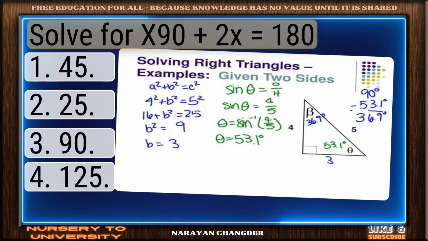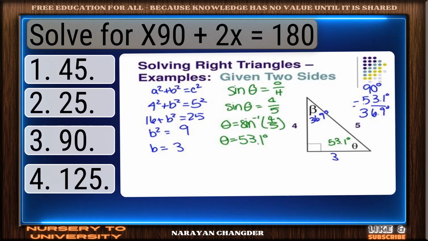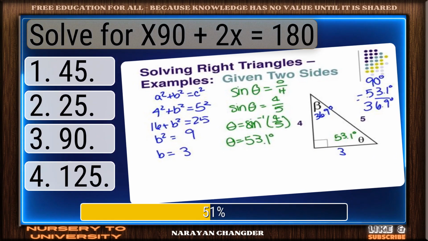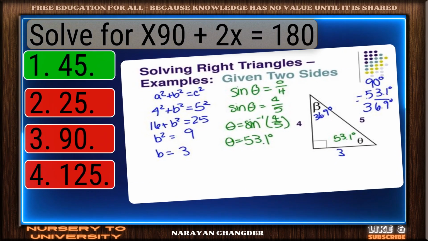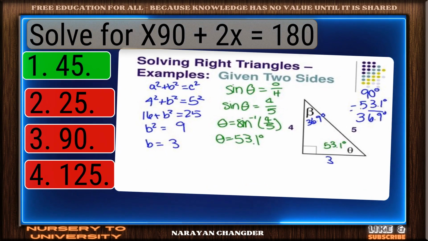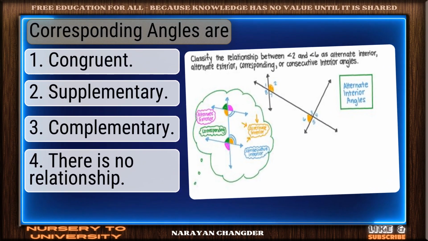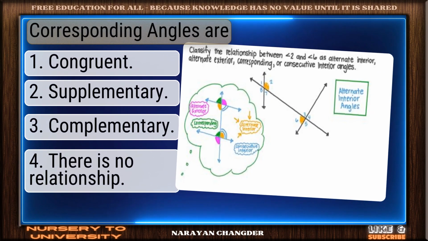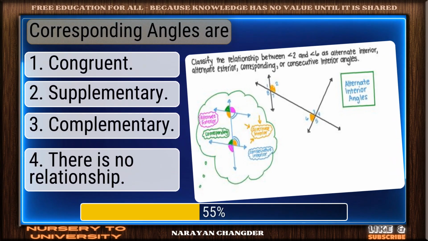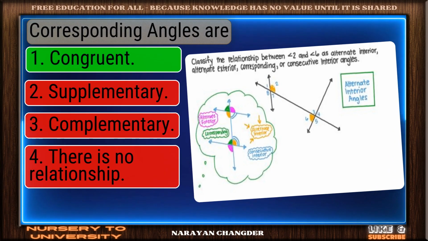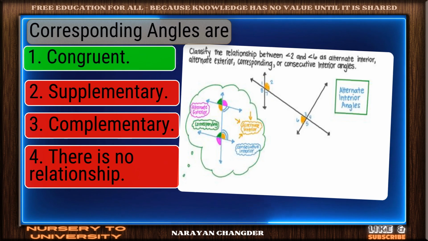Solve for x: 90 plus 2x equal to 180. Correct response. 45 is the most accurate answer. Question number 290. Corresponding angles are. Perfect. Congruent is the correct choice.